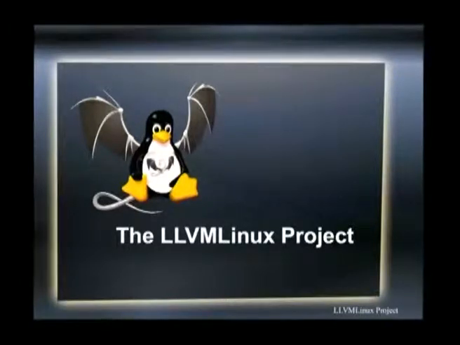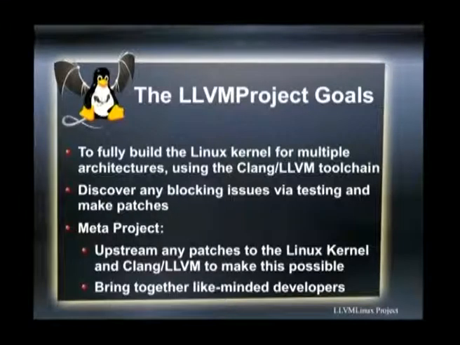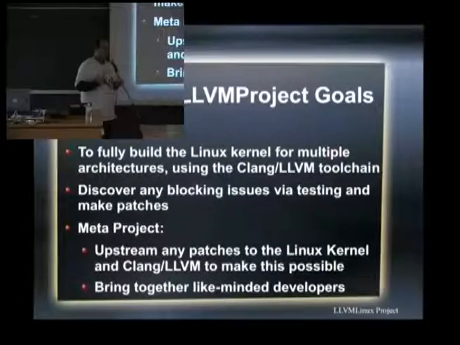So now back to the Linux kernel, back to our LLVMLinux project. Of course, our goal is to build the Linux kernel with Clang, for as many architectures as we can reach. Clang is inherently a cross-compiler. Clang uses a kind of intermediate representation.